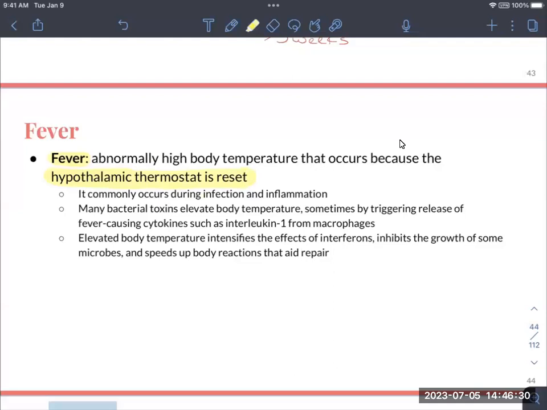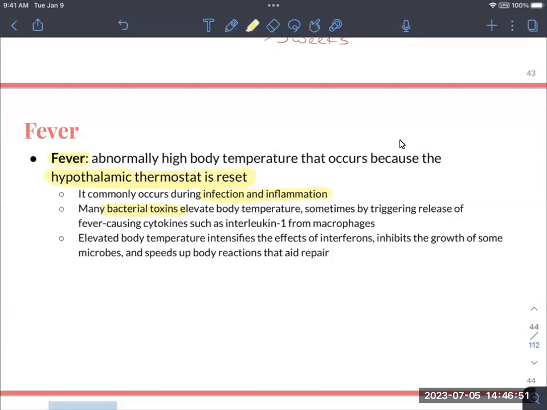During infections and inflammation, it's pretty common to get a fever. These bacterial toxins that get into your system can reset that hypothalamic thermostat.